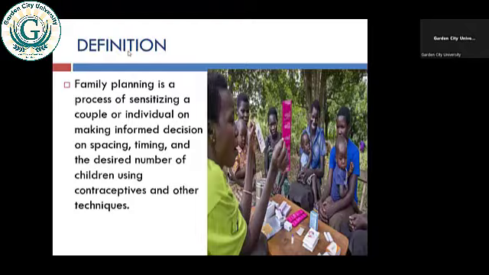So the person must be informed, and after getting the information, sensitizing the person must now make informed decision on the spacing, timing, and the desired number of children using contraceptives or other techniques. Let's look at other definitions.